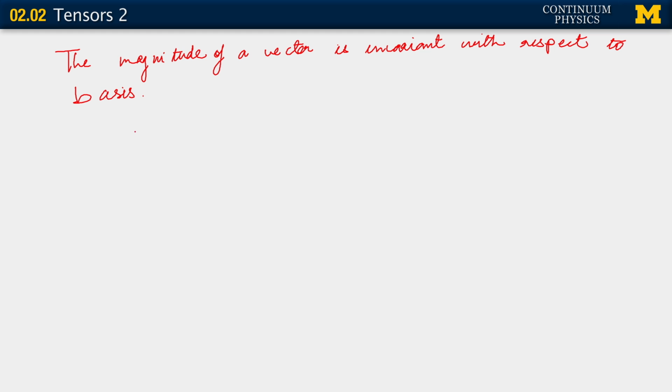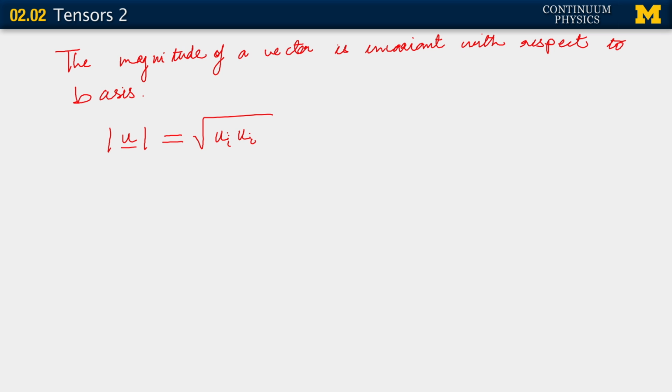Okay? What this means is that we all know what we mean by the magnitude of a vector, right? So if we write that as magnitude of u, we all know, of course, that this can be written as the square root of u_i u_i.